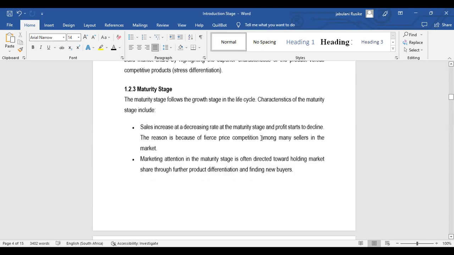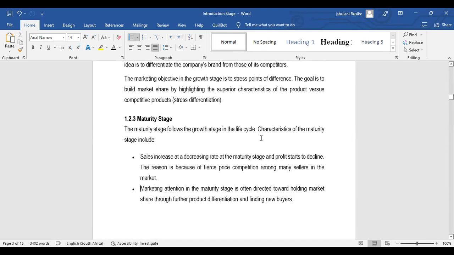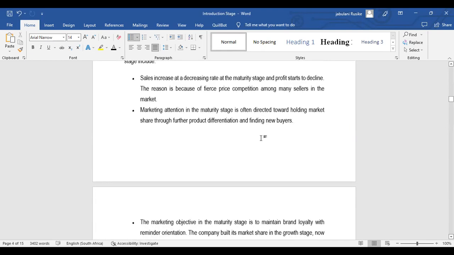So here what we are saying is the attention is to direct all your efforts towards holding a market share, because remember, you've built a market share in the growth stage.